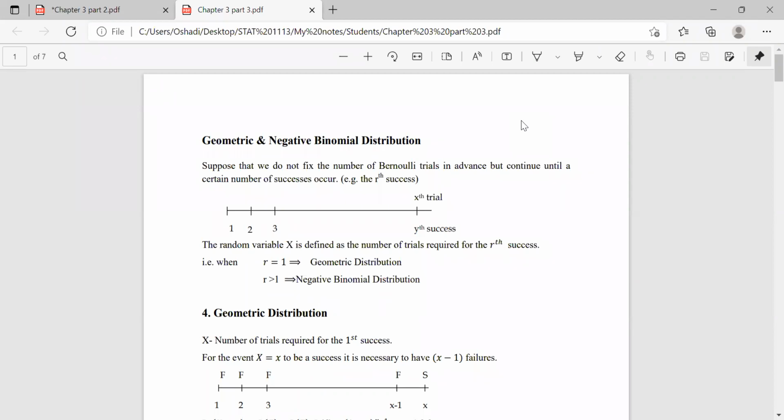So suppose that we do not fix the number of Bernoulli trials in advance, but continue until a certain number of successes occurs. That means, for example, if we say the rth success is going to happen in the xth trial, right?